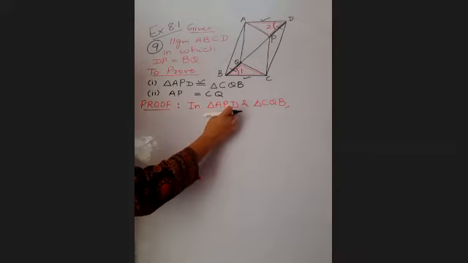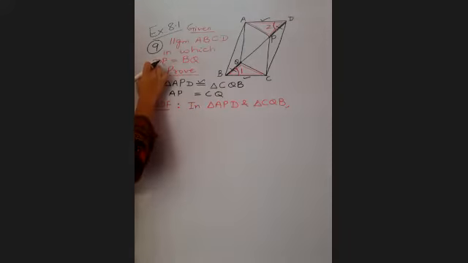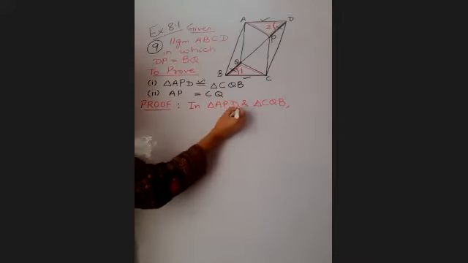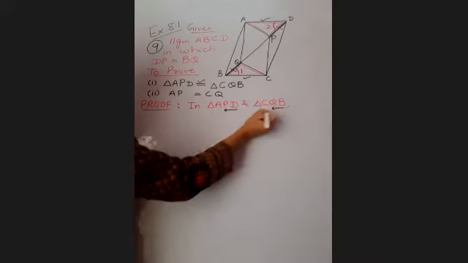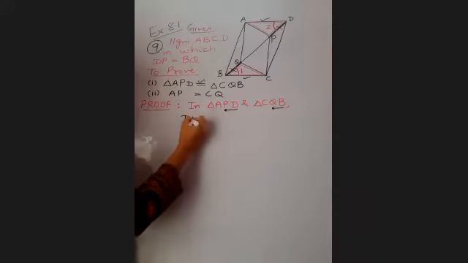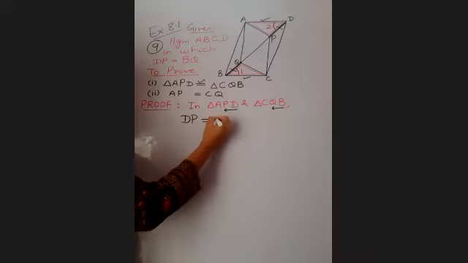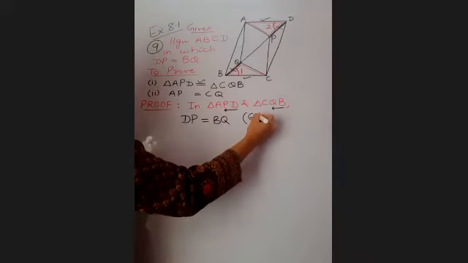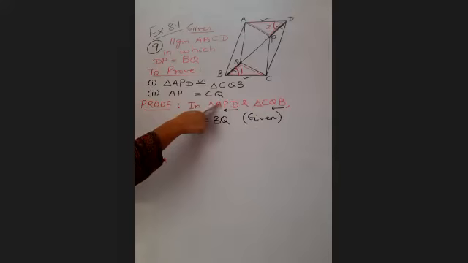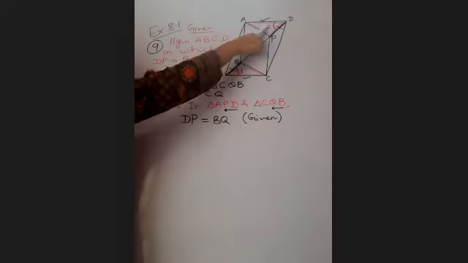APD, we are given DP. So if we are moving from D to P, we should move from B to Q. Order has to be maintained. DP is equal to BQ. Reason? Given. Now in APD, the name of the angle is 2.